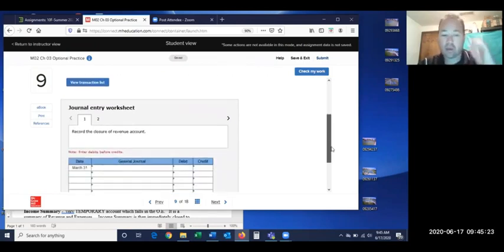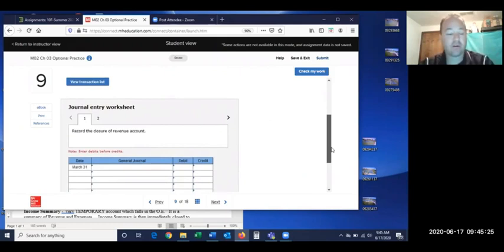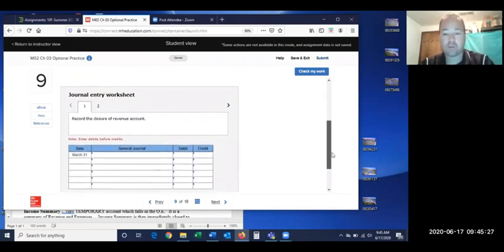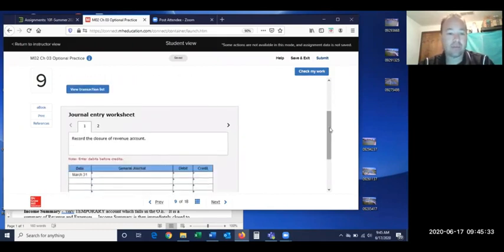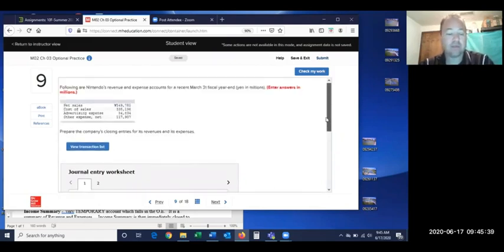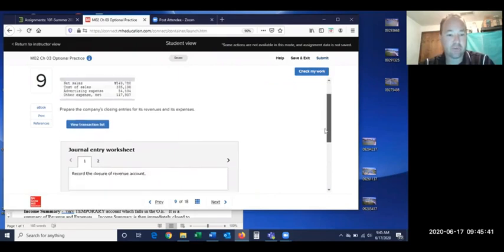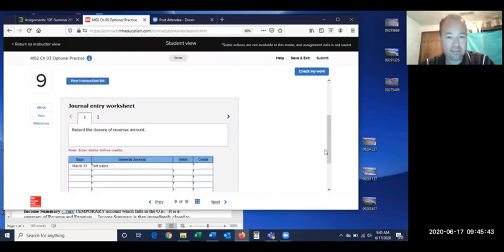All right, so we're going to close out just like how we did in our practice before. We're going to close out our revenue. Remember, revenue has a credit balance, so we're going to debit our revenue account here, and they call it, in this case, net sales. We're going to debit our net sales for the 549,780.